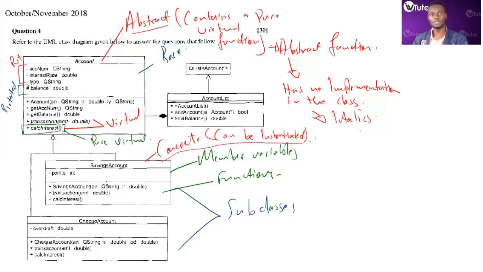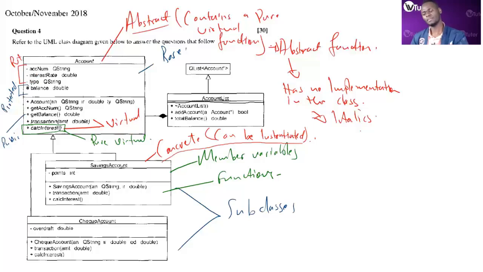And a plus simply means public, which means it's publicly accessible outside the class. Protected means that it can only be accessed within this class and also within its subclasses. So all functions in savings account or check account can access this variable if they need to use it. But they cannot access these ones because they are private.